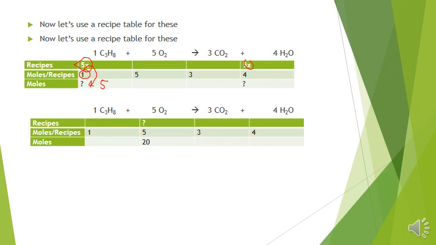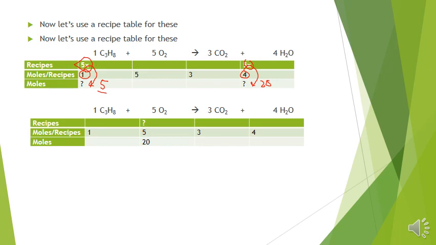For the water, every time I do it, I need 4, and I do that 5 times, so I end up with 20 moles. So to do this reaction 5 times, we'll need 5 moles of propane, and we'll make 20 moles of water.